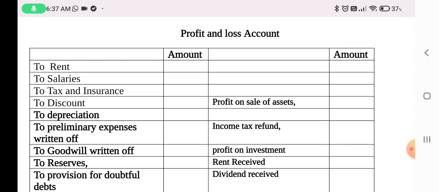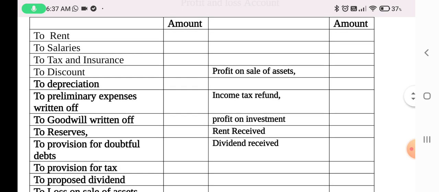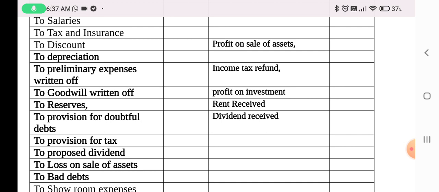And depreciation, preliminary expenses, goodwill written off, reserve, provision for doubtful debts, income tax provision, proposed dividend and loss on sale of assets, all these are non-cash expenditure. They are shown in the P&L account as an expenditure, but they did not take cash from the company. So all the cash or the equivalent cash amount is kept on the company side.